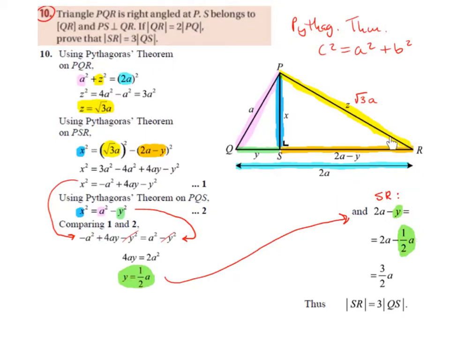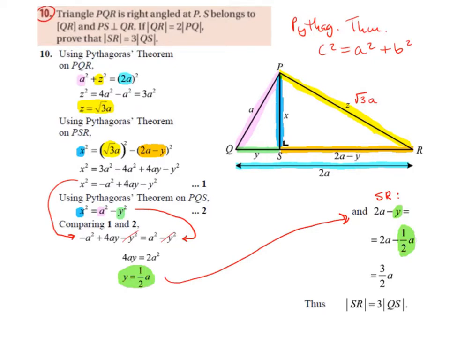And the distance from S to R is called 2a minus y, because remember, the distance from Q to R we're calling 2a. And the distance from Q to S I'm going to call y, but again you can go with whatever letters you want. So the distance from S to R is going to be 2a minus y.